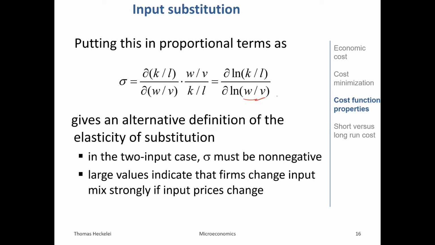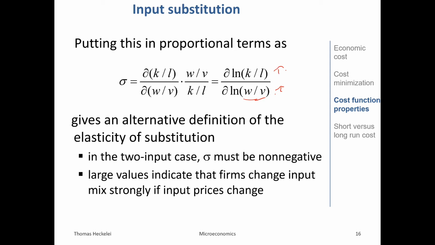So in that case, W over V increases, and then K over L will also increase. That's why it's non-negative. A large value means the input use changes dramatically when input prices change, and the firm adjusts very strongly to this price change.